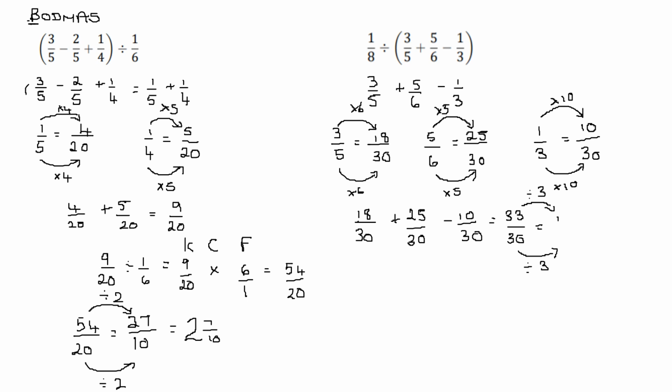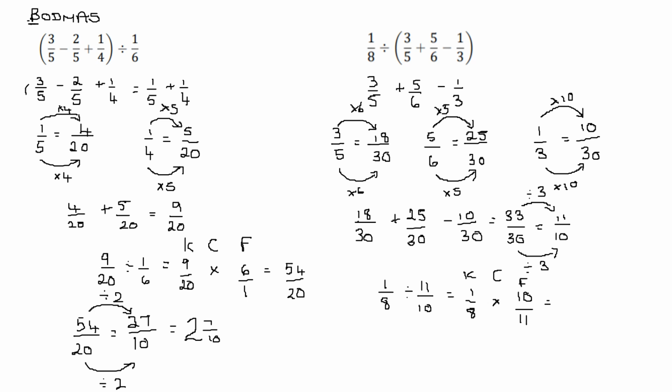And that's going to give me 11 over 10. And I can now put that back into my original calculation in place of my bracket. So I'm now going to do 1 over 8 divided by 11 over 10. So we're dividing again, so we're going to keep the first fraction, change the division to a multiplication, and flip our second fraction.